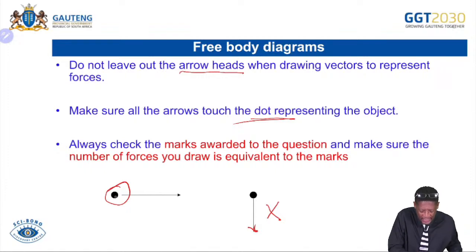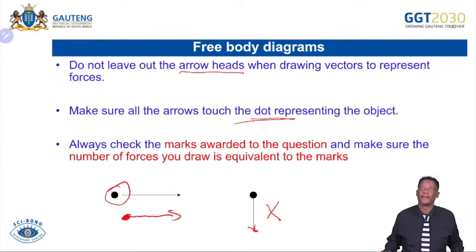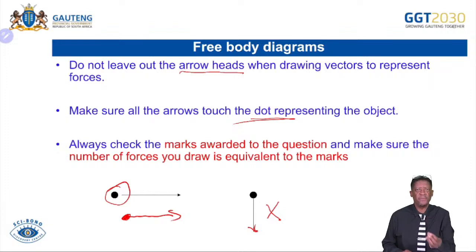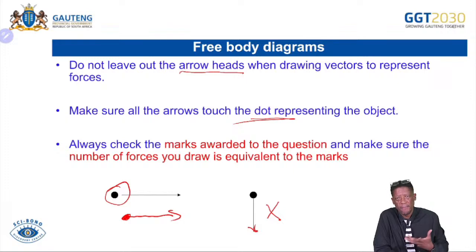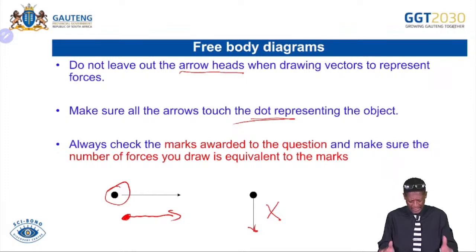There should be an attachment. The arrow should start at the dot. It's very important. Those silly mistakes make you lose marks, because I know there's anxiety and you want to speed, but be careful as you draw your vector diagram. This is where you must get marks.